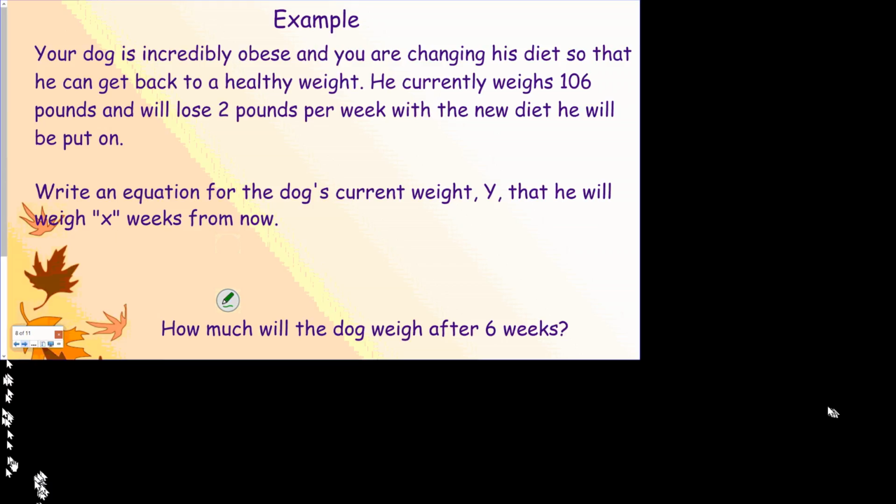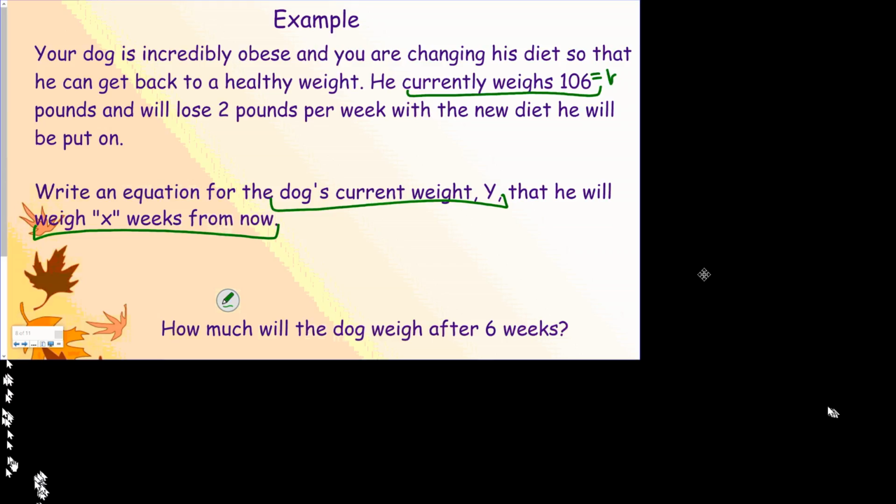Your dog is incredibly obese and you are changing his diet so that he can get back to a healthy weight. He currently weighs 106 pounds and will lose 2 pounds per week with the new diet he will be put on. Write an equation for the dog's current weight, y, that he will weigh x weeks from now. In this case, the dog is currently weighing 106 pounds.